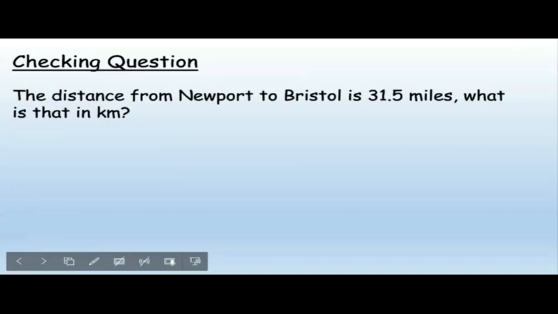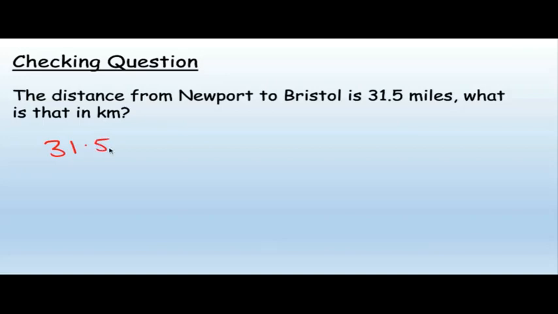From Newport to Bristol is 31.5 miles. So what is that in kilometers? Okay, so we know when we're going from miles to kilometers, we need to first divide by 5. So I'm going to say 31.5 divided by 5.